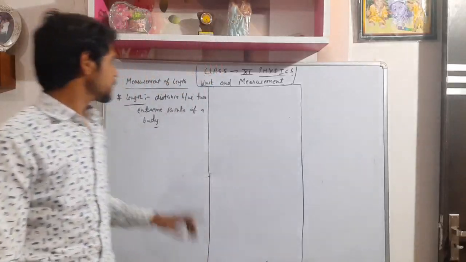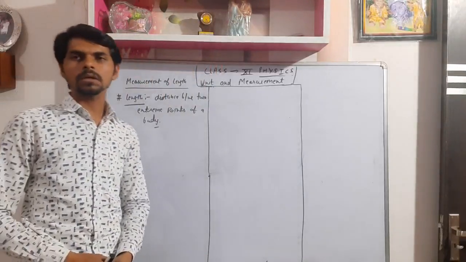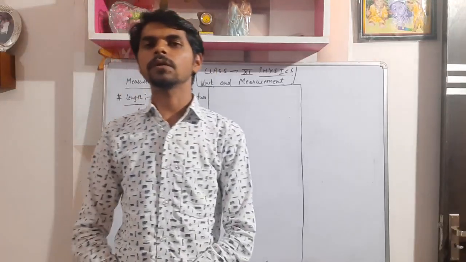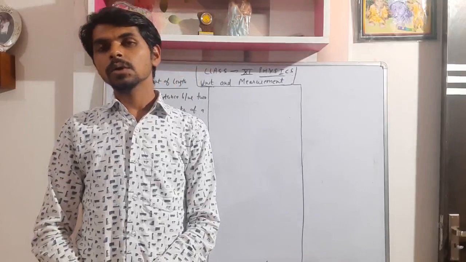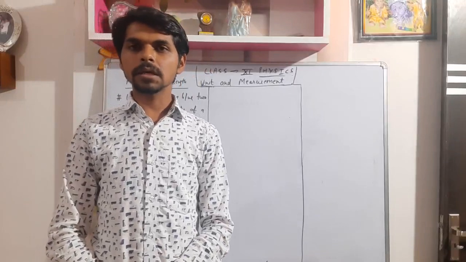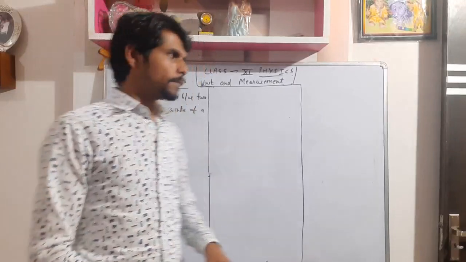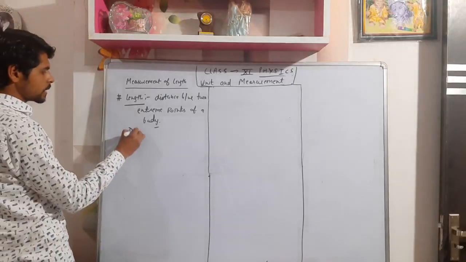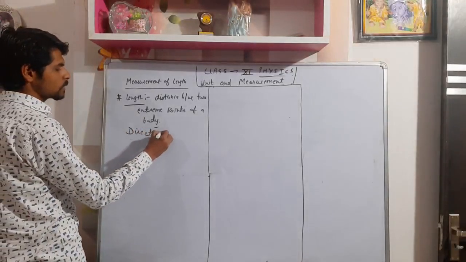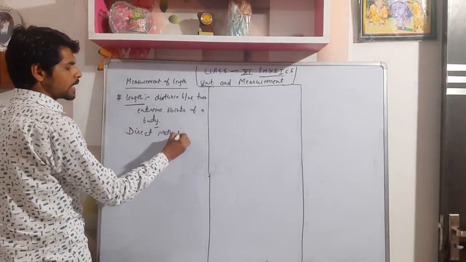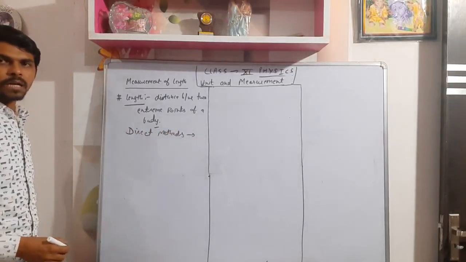So our topic is measurement of length. How can we measure the length of a body? There are two methods for measuring the length of a body. First are called direct methods. What is the meaning of direct methods?